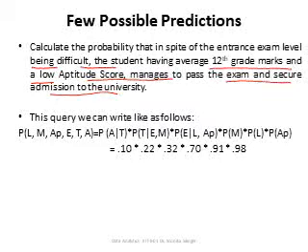The exam level being difficult is given in the situation, so it is 0.10 probability, multiplied by the 12th grade marks being average, which has probability 0.22, multiplied by the probability of getting a low aptitude score, written in the table as 0.32, multiplied by the probability of getting through the entrance exam, that is 0.70.